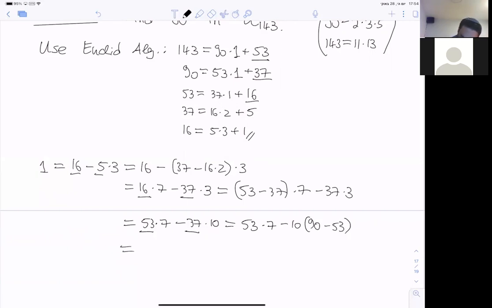So this is equal to, here we have 7 times, and here we have another 10 times, so it's 17 times 53 minus 10 times 90. So again, I'm checking this.